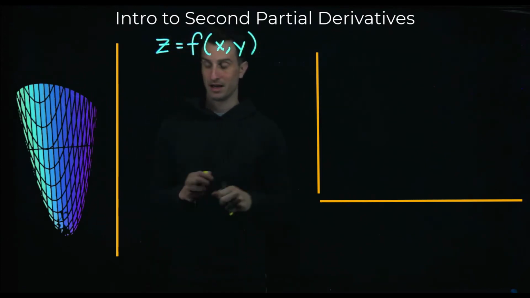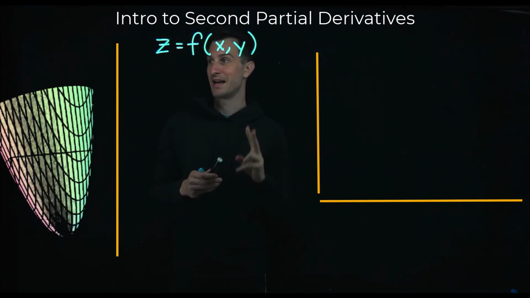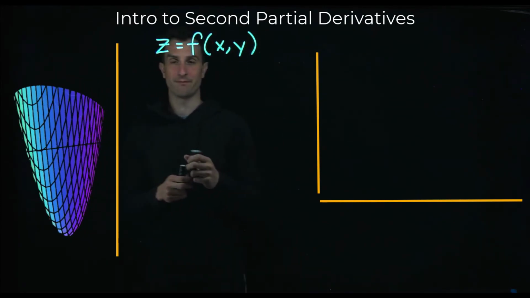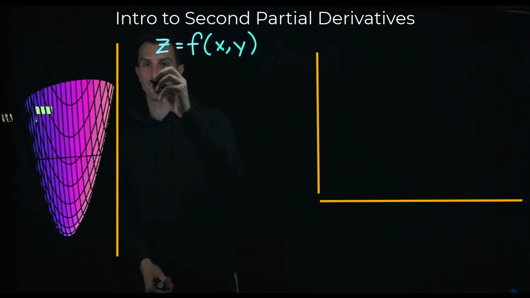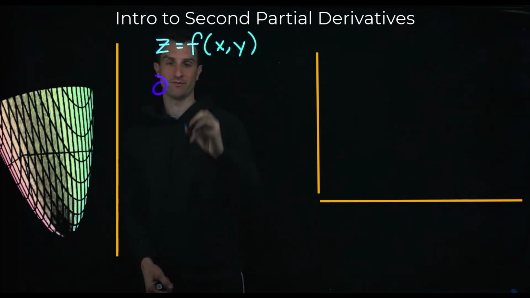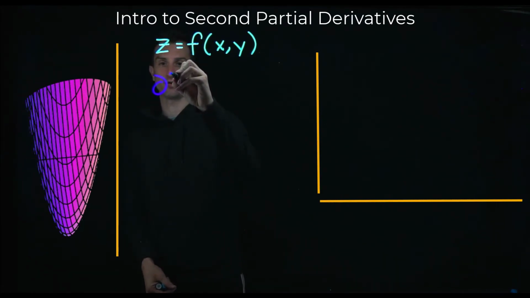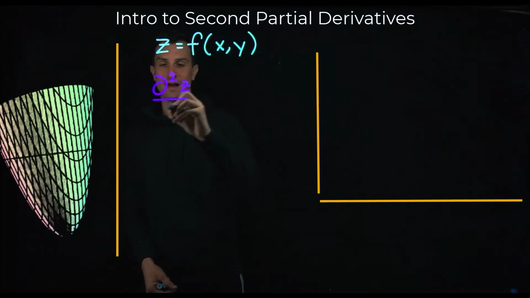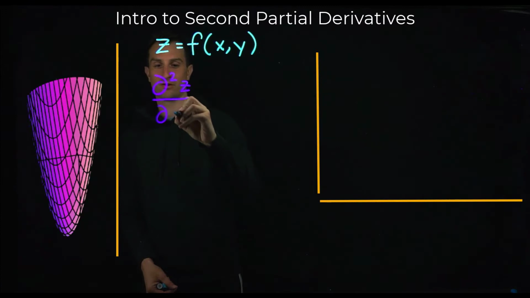Awesome. And I want to take the second partial derivative. So what are all my options here? We'll go through them piece by piece, and we'll go through all the different notations. So first, we'll deal with this notation. This is saying the second partial derivative of z with respect to x 2 times.